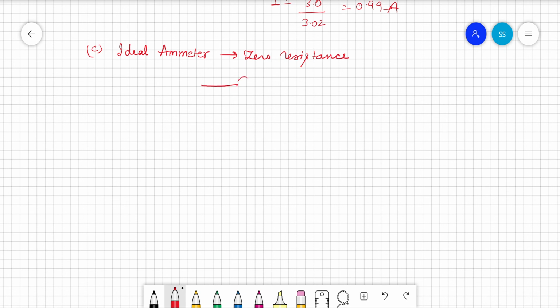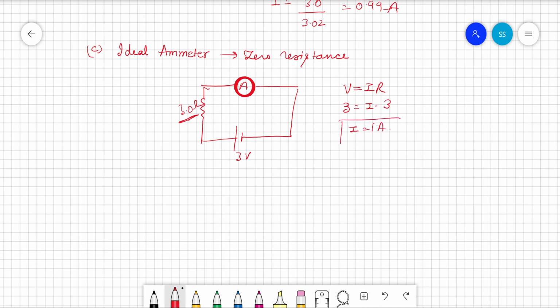It means that this ammeter does not have any resistance, and the only resistance in the circuit is due to the 3 ohm resistor connected in the circuit. So we say V equals IR. V is 3, R is 3, so I comes out to be 1 ampere.